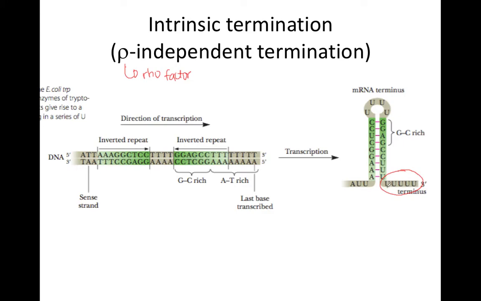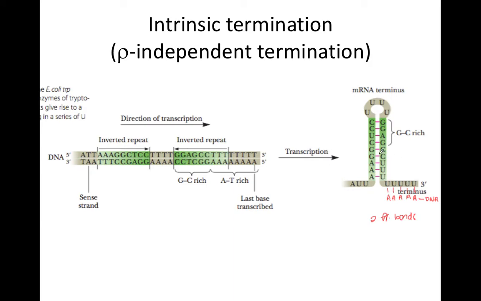So meaning if it's rich with uracil here, it binds to a DNA that is rich in adenine. Meaning, this is sustained by 2 hydrogen bonds only, which are weaker bonds compared to your GC. As such, this mRNA falls off of the DNA template.